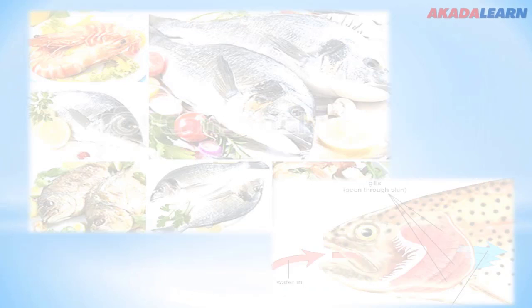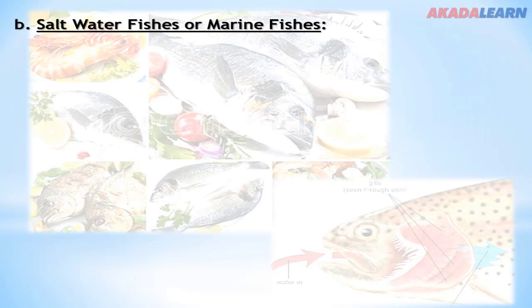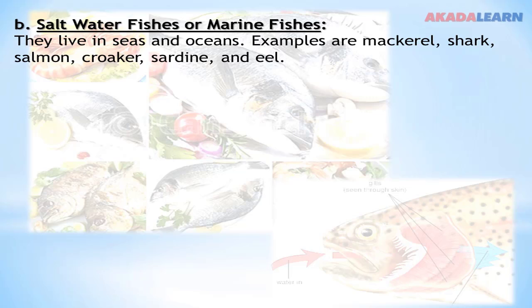Now, the saltwater fish is also known as the marine fishes. These are fish that live in seas and oceans. Examples of such fish are mackerel, shark, salmon, croaker, sardine, and eel.